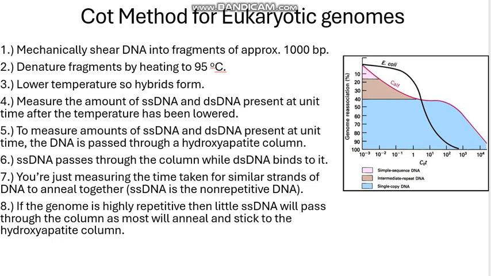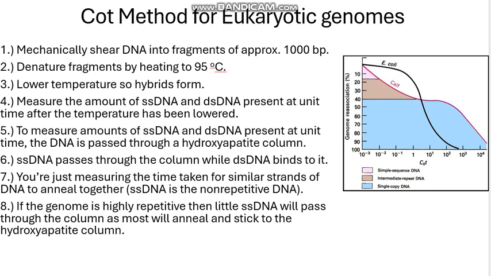We then lower the temperature so that hybrids can form, so the DNA finds its complement. We then measure the amount of single-stranded DNA and double-stranded DNA present at unit time after the temperature has been lowered. So how do we measure this?